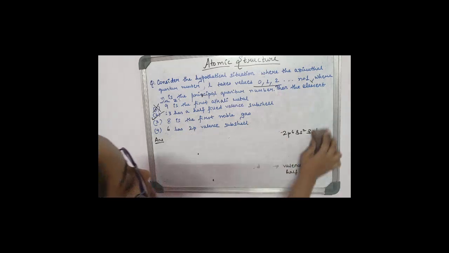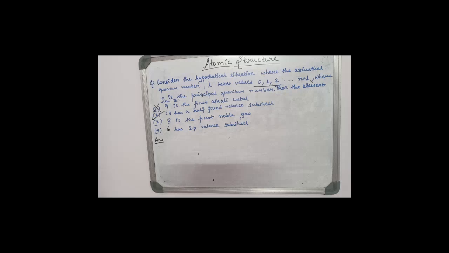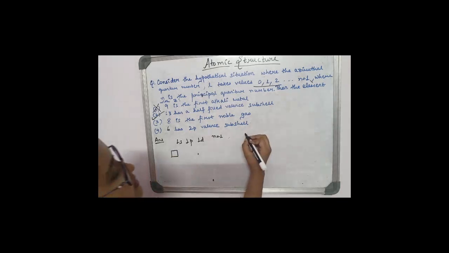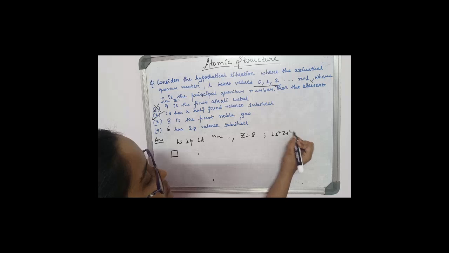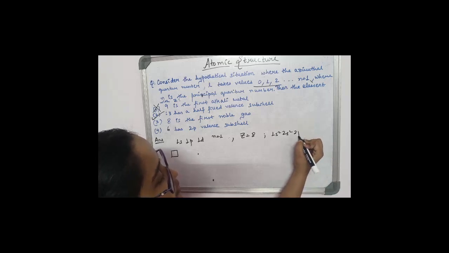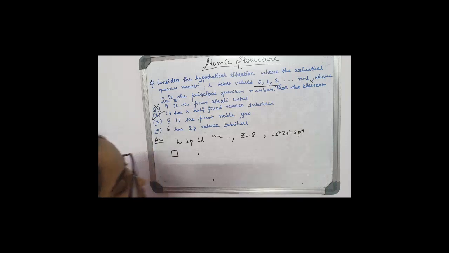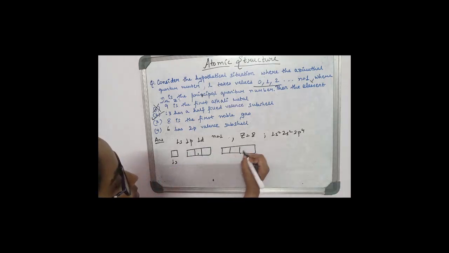So the third statement is 8 is the first noble gas. Let us find out. So for n is equal to 1 we have 1s, 1p, 1d. And 8 is the first noble gas. Z is equal to 8. How does it look? 1s2, 2s2, and 2p4. Right? Okay. Now, 1s, 1p, 1d.